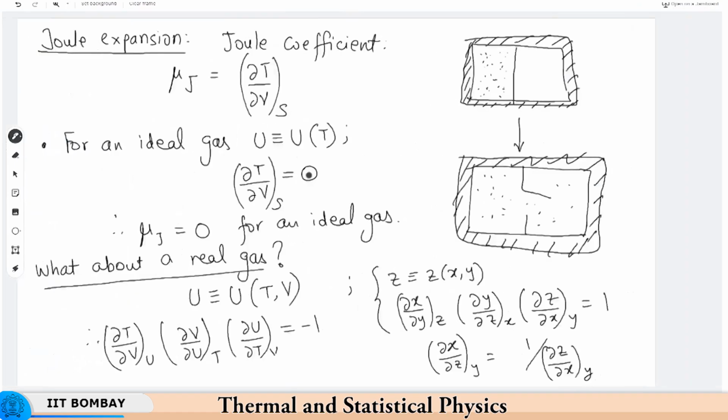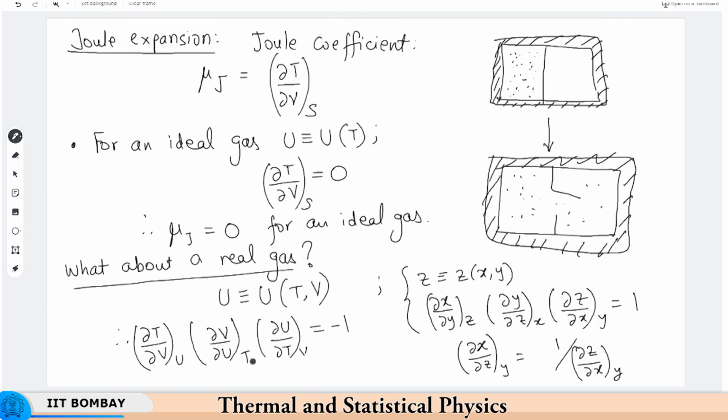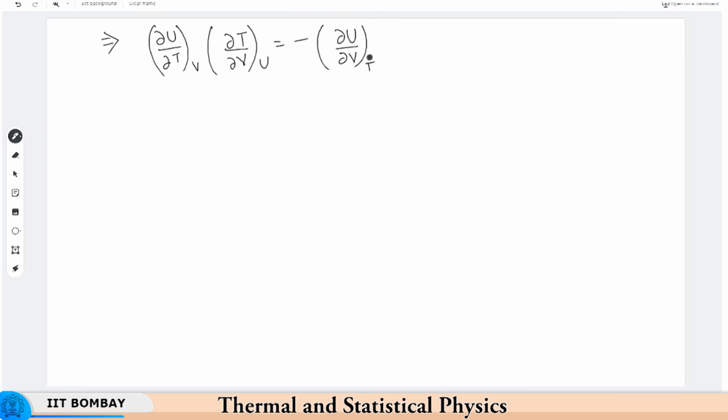So, that basically becomes del u by del T at constant V times del T by del V at constant u equals minus of del u by del V at constant T, right. So, essentially what I have done is I have just moved del V by del u to the other side and inverted the denominator and the numerator, right. So, del u by del T at constant V remains the same and del T by del V at constant u remains the same. So, I have just used the reciprocal theorem. Okay.